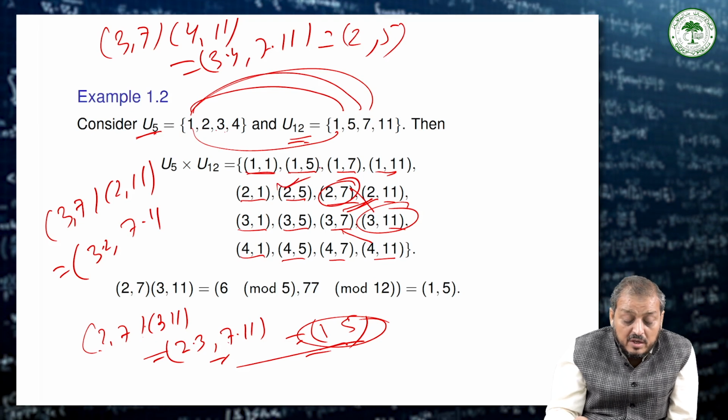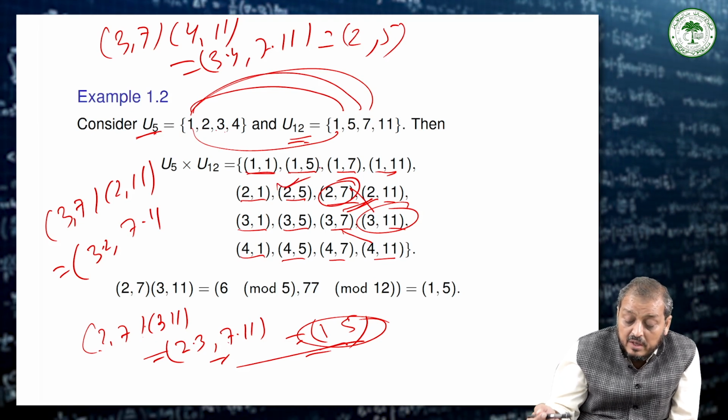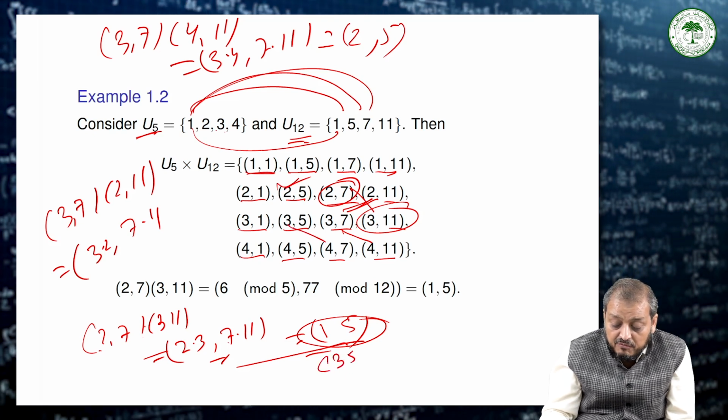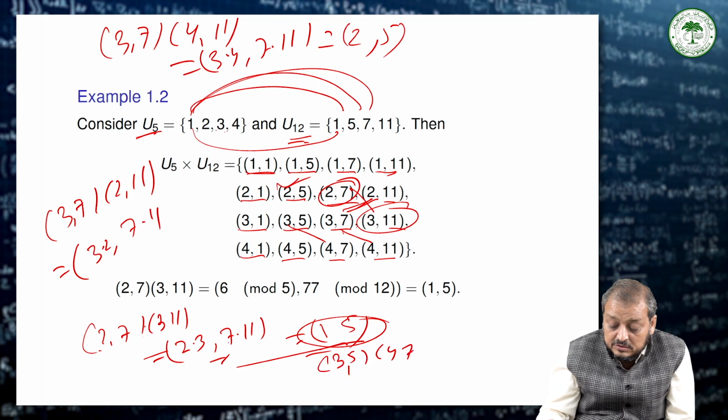Now we try some other elements. For example, I take (3,5) and (4,7).